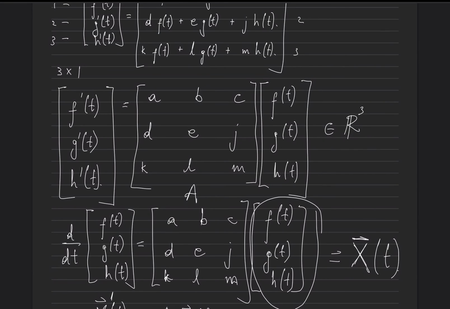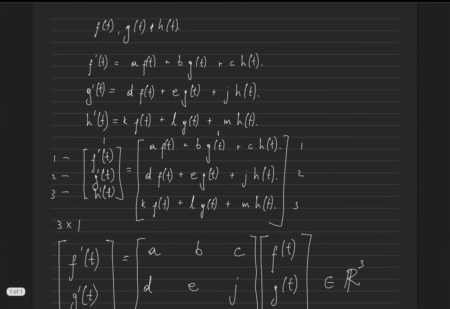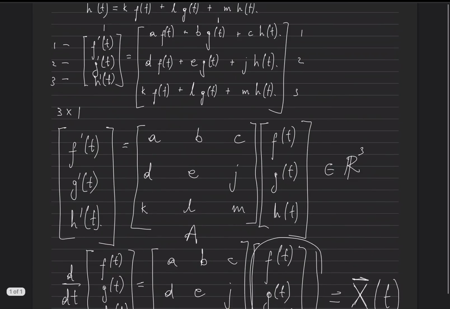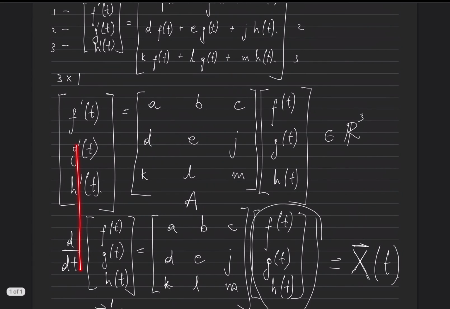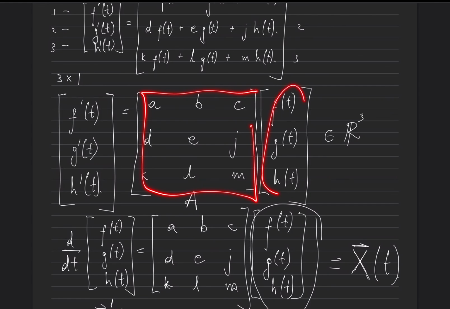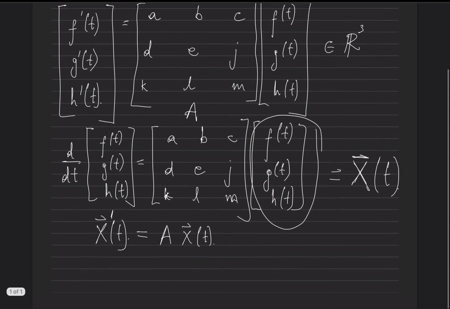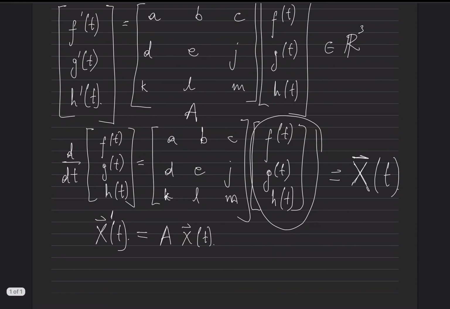We could have done this. Suppose we had more than 3 equations. Let's suppose we had 5 more equations. Well, we would appropriately extend these columns and also appropriately extend this matrix here and also this column to 5 dimensions. Okay, I hope that that's a bit of a good motivation as to how we even end up with these equations.